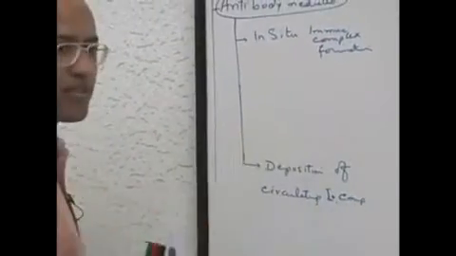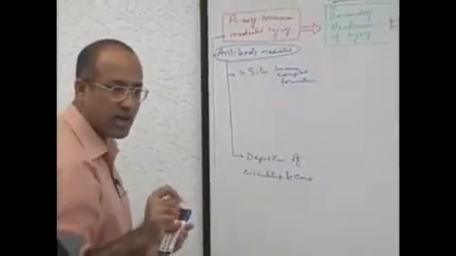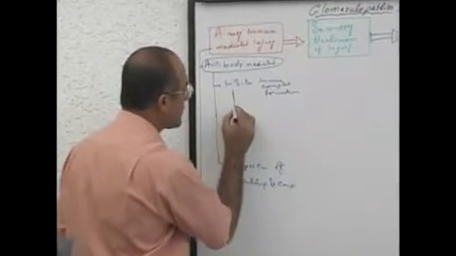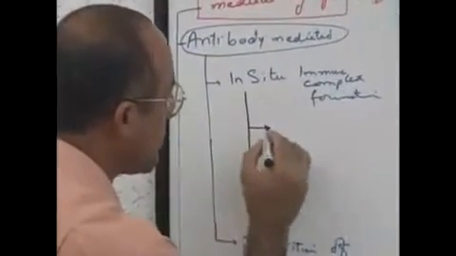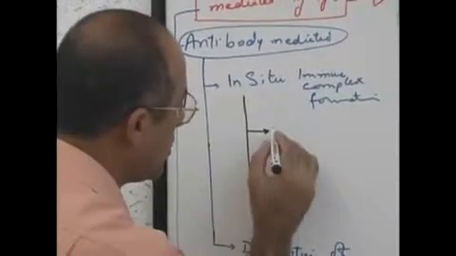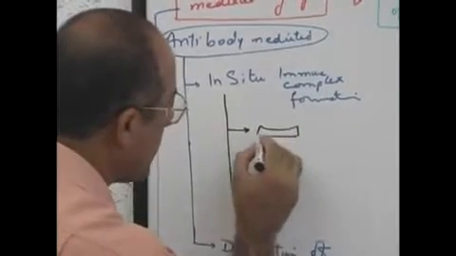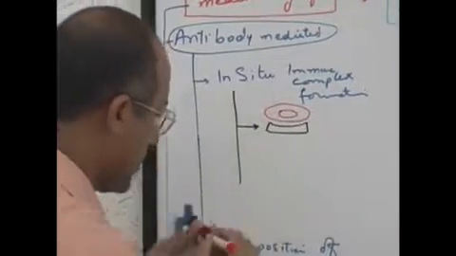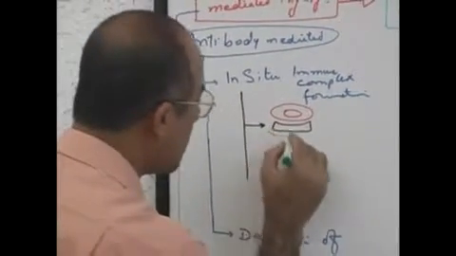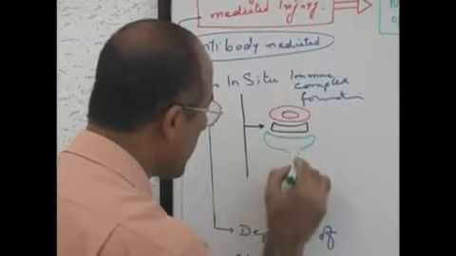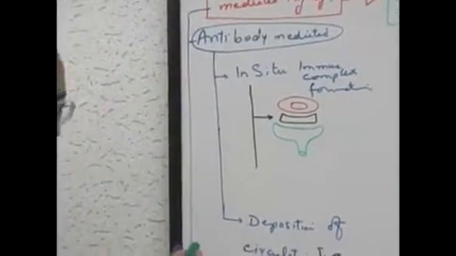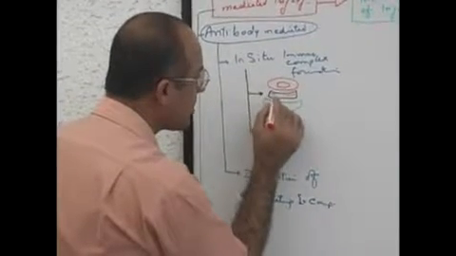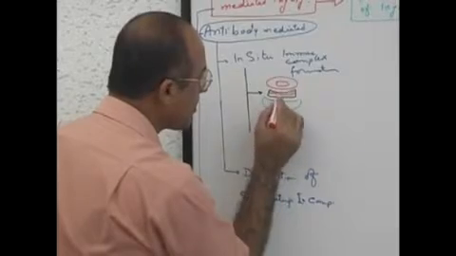In situ immune complex formation means antigens are within the glomeruli, and exactly at that point the reaction is occurring. The classical example: we talked about one example in which you developed anti-GBM antibodies against type 4 collagen, and in this case antibodies were deposited in a very linear fashion.